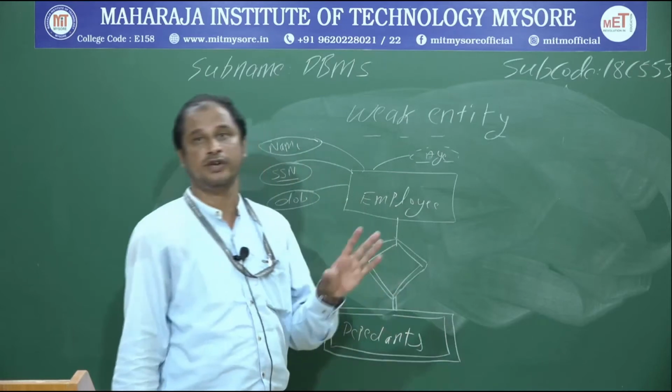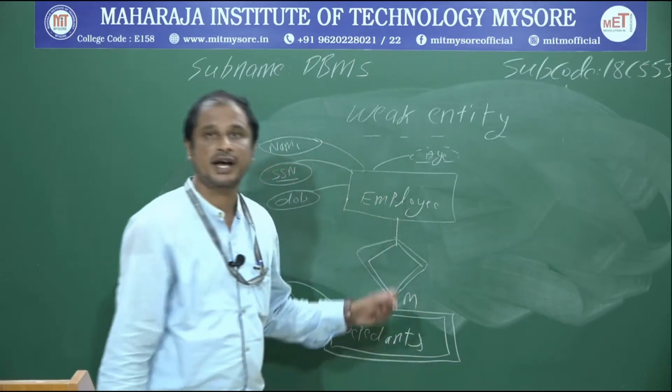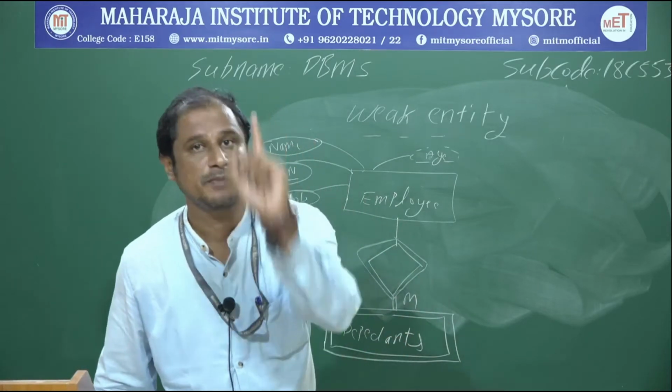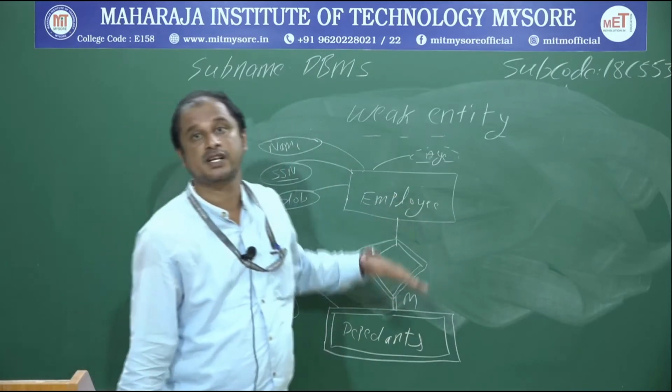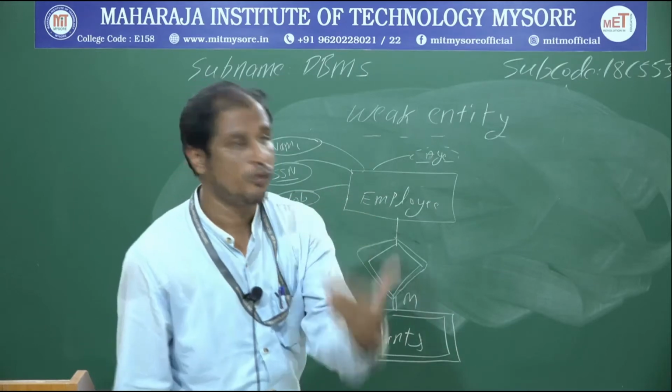When you represent a weak entity, it must be double, and it must always be a many relationship, because one employee always has many dependents. So this part must always be the same, as it is the representation of a weak entity.